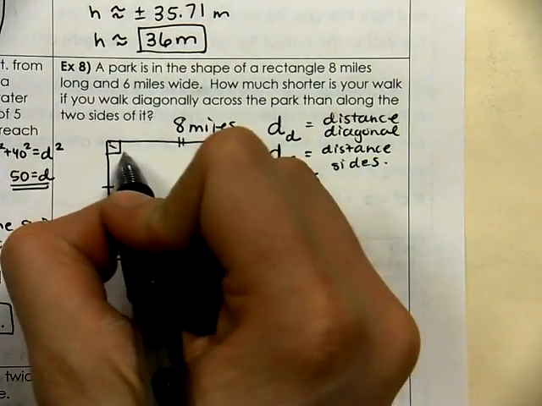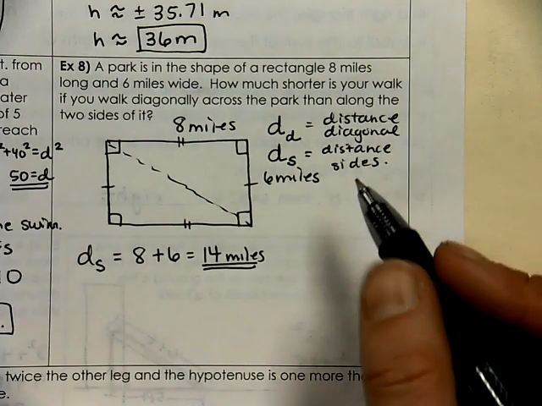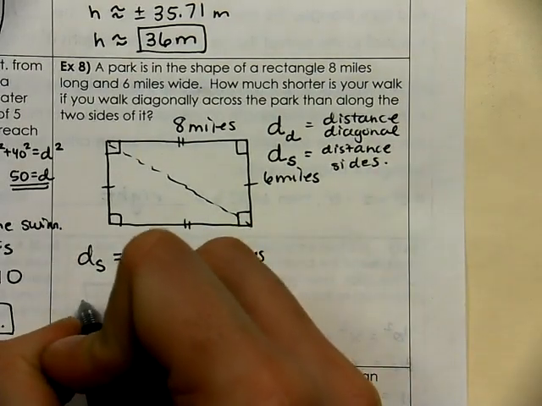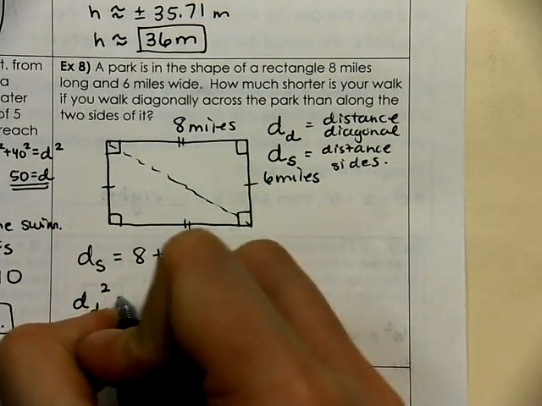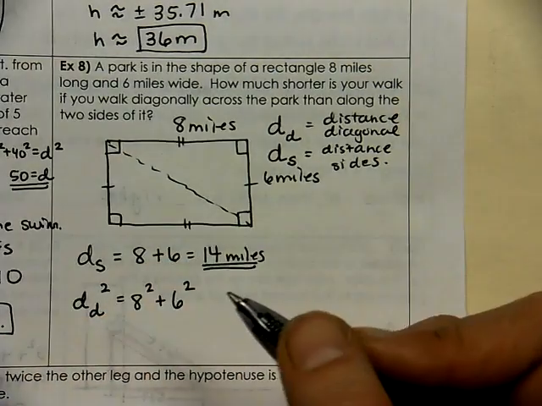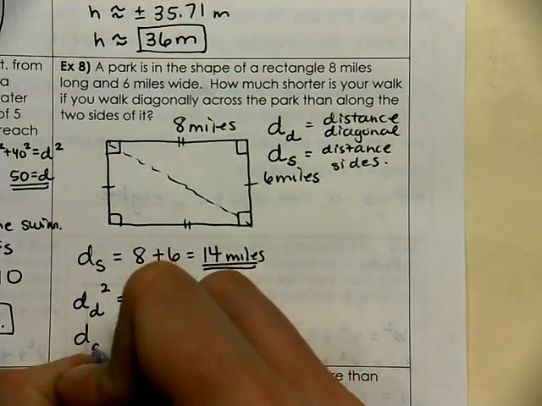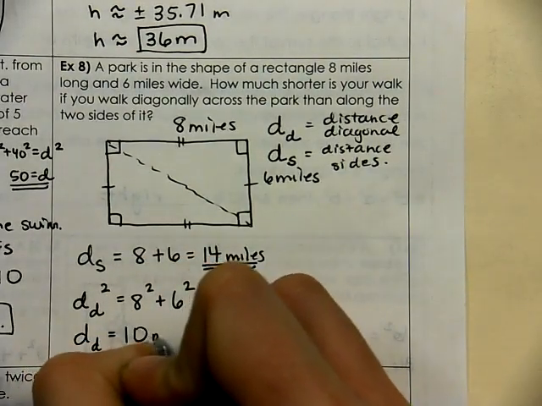The distance if I take the diagonal, well, there's my right triangle. I know the distance if I take the diagonal squared will be equal to 8 squared plus 6 squared. And if I solve that, I get the distance along the diagonal is 10 miles.